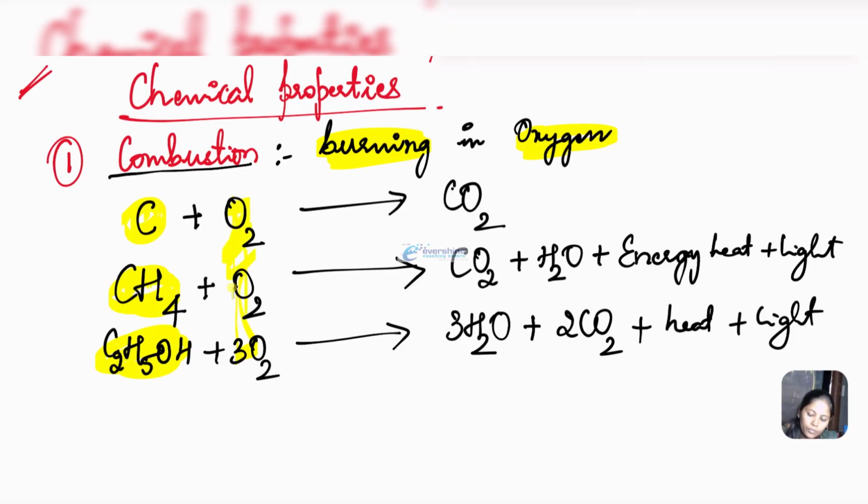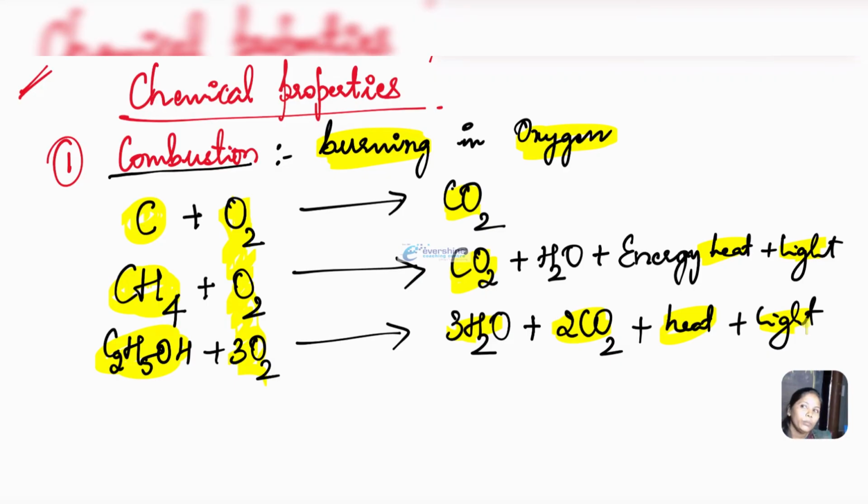When you burn carbon compounds in the presence of oxygen, it gives carbon dioxide, heat and light. Understood combustion? Burning means it is supplied with oxygen. When you burn carbon in oxygen, it forms carbon dioxide. When you burn methane in oxygen, it forms carbon dioxide, heat and light.